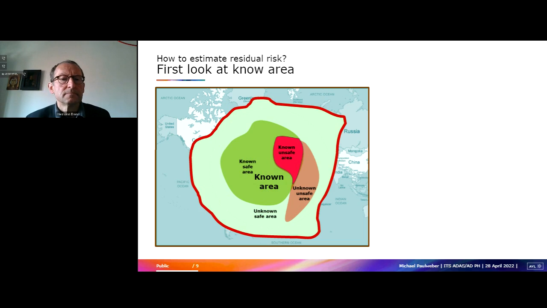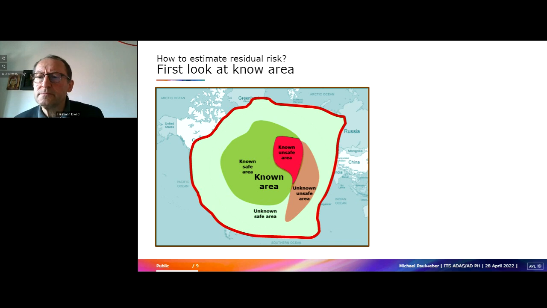In the design domain, you have 4 different areas which you have to handle differently. There are areas which you know and areas which you don't know. And in each of these areas, you have to identify in a known area what is a safe area and what is a known unsafe area, and you have to try to reduce the known unsafe area.